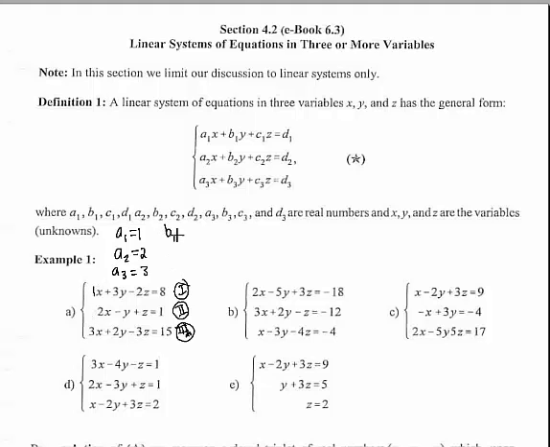We have b1 equal to 3, b2 equal to negative 1, and b3 equal to 2. c1 equal to negative 2, c2 equal to 1, and c3 equal to negative 3.